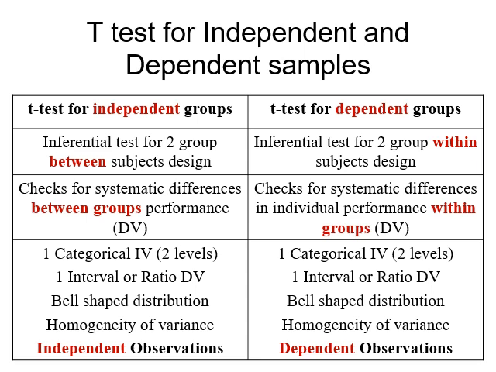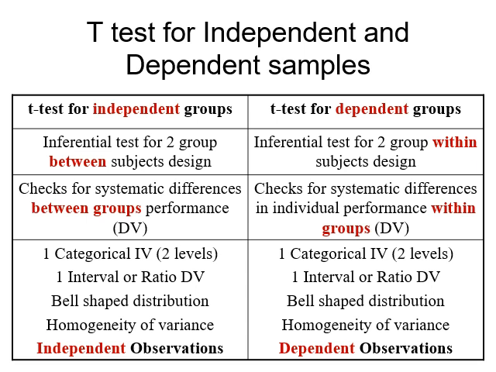So just as a quick review, the t-test for independent and dependent samples effectively looks at very similar things, and the big question here is whether you have a between groups design, independent, or a repeated measures or dependent group design. So the t-test for independent groups, different people in your two categorical conditions, is an inferential test for two groups in a between subjects design.